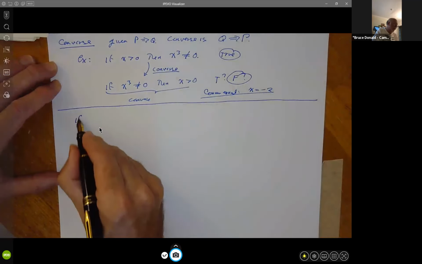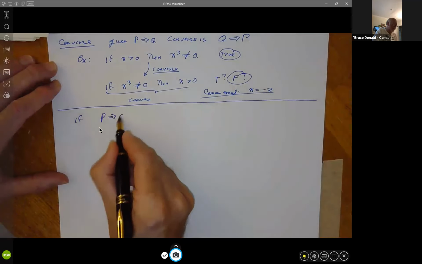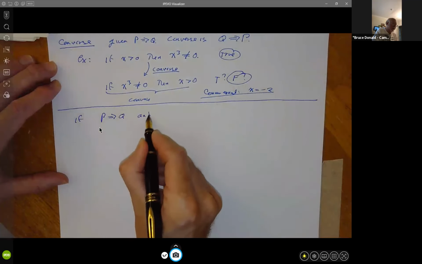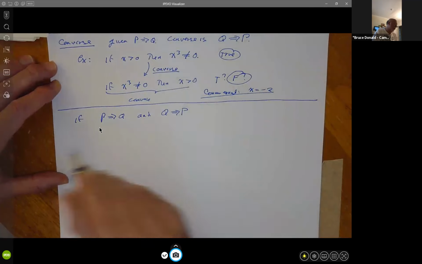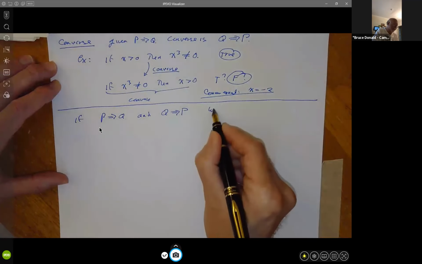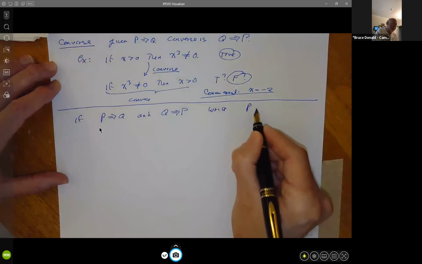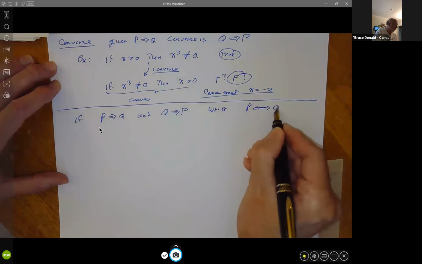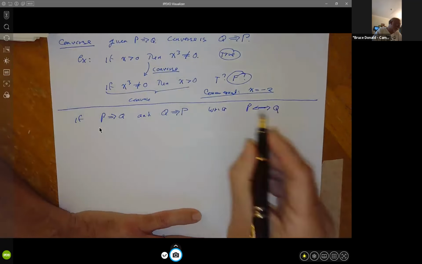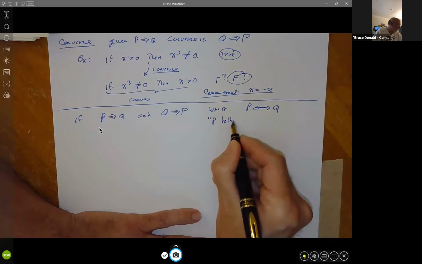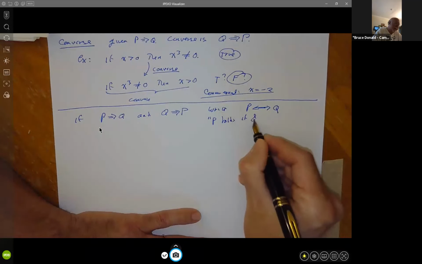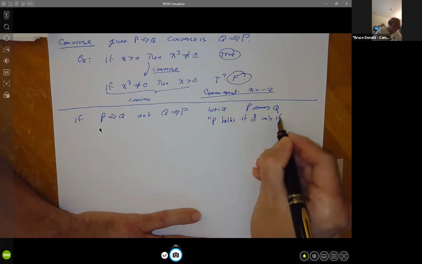So if we have P implies Q, and we also have Q implies P, because these are independent things, we can write this as a double arrow like this. Sometimes written in English as P holds if and only if Q holds.